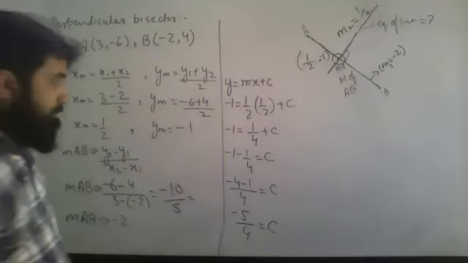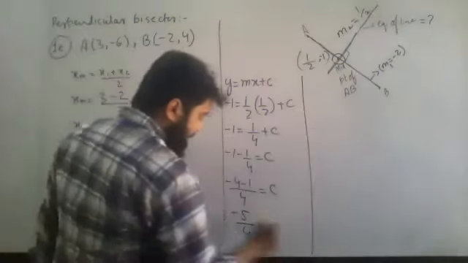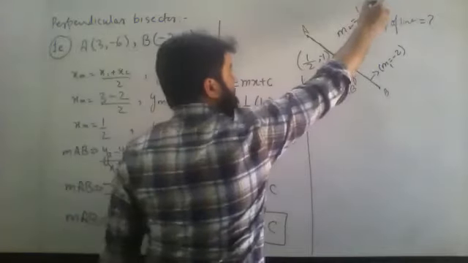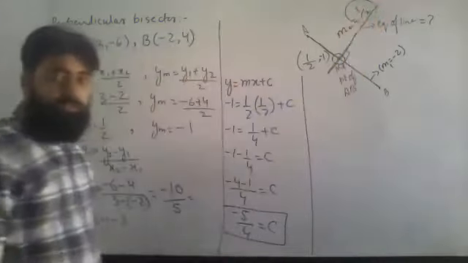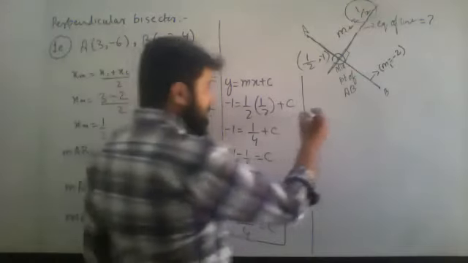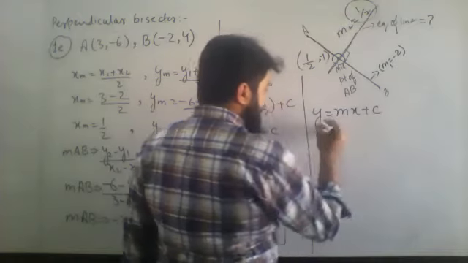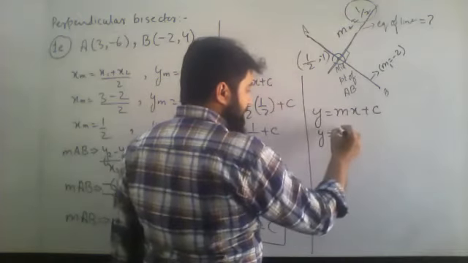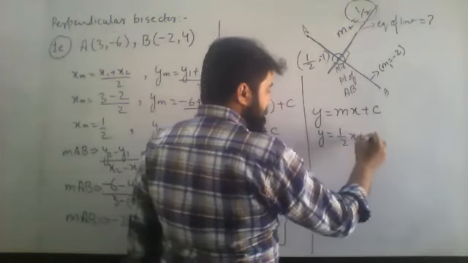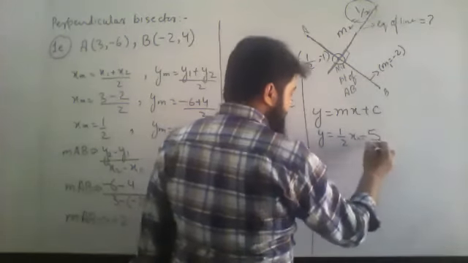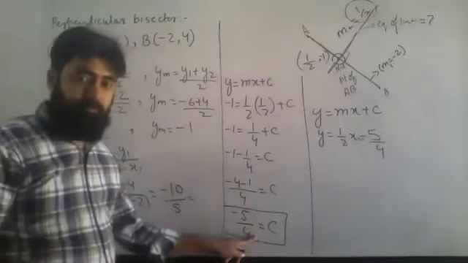Right? So I have got my y-intercept for this line, and I have got the gradient for this line. So now the final working, y equals mx plus c. Y will remain y. M will be 1 over 2 x plus, in place of c I will be writing minus 5 over 4.